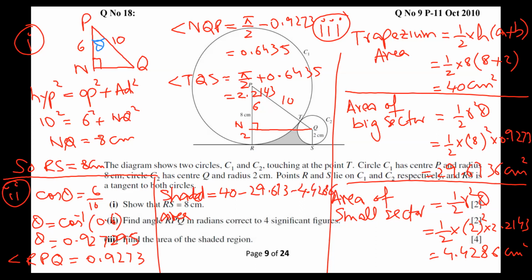When I check it, the final answer is 5.8984, and we write 3 SF, so 5.90 centimeter square. This is the final answer. I hope you got the point very clearly.